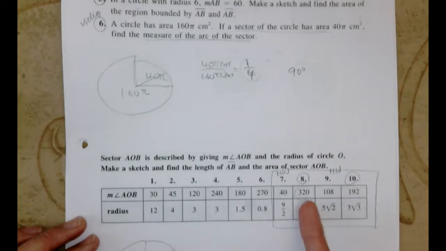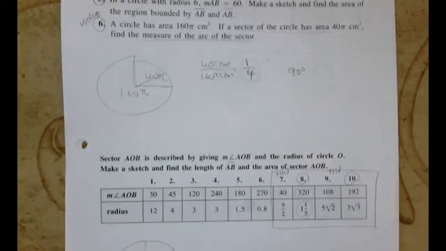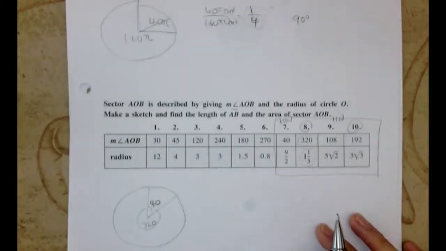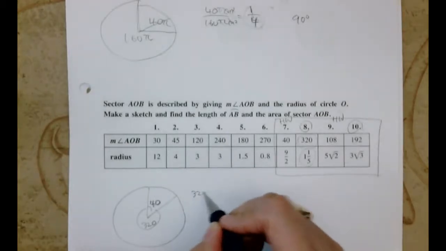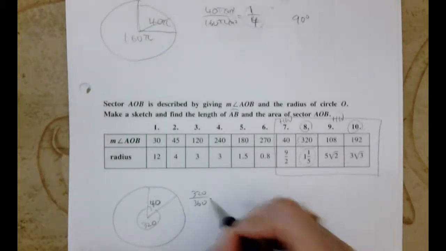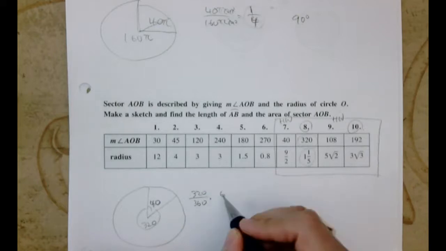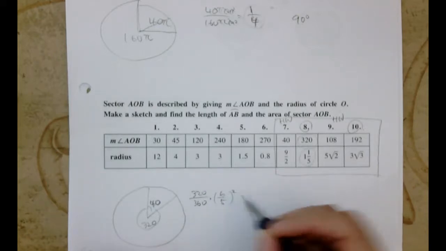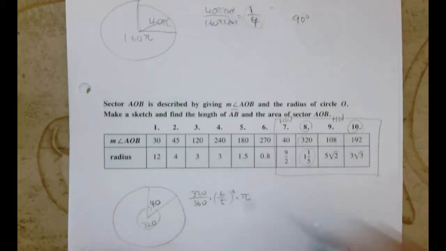No, wait, 40. This would be 40, and this would be 320, right? Oops, you can't see. All right, so you are doing 320 over 360 times 6/5 squared times pi. Are we doing the area?